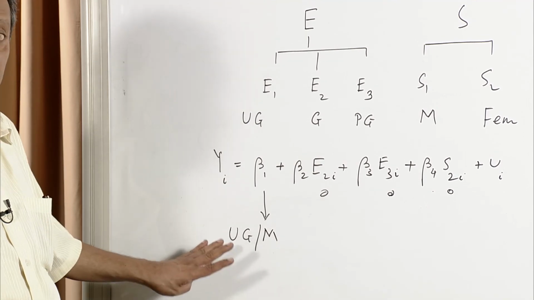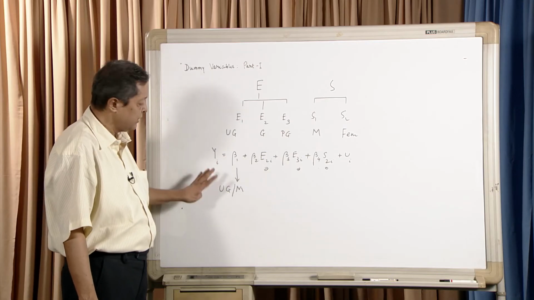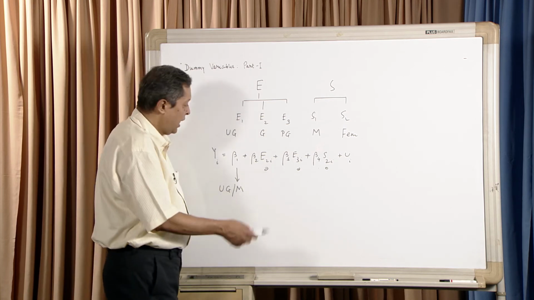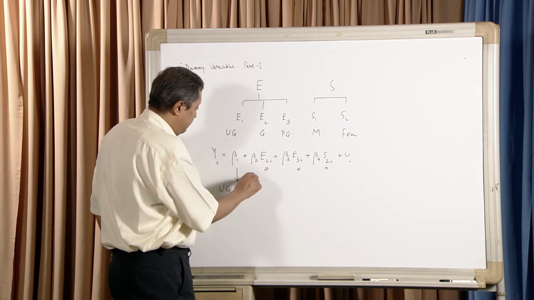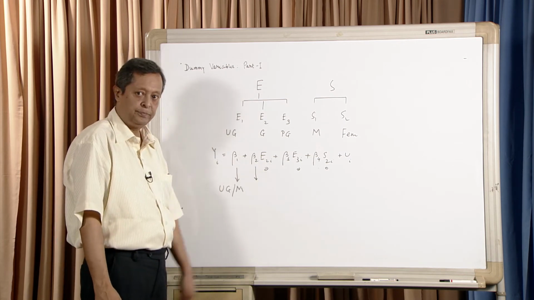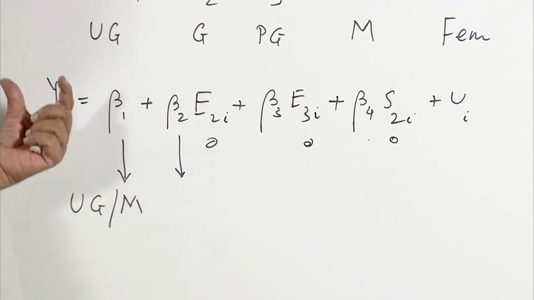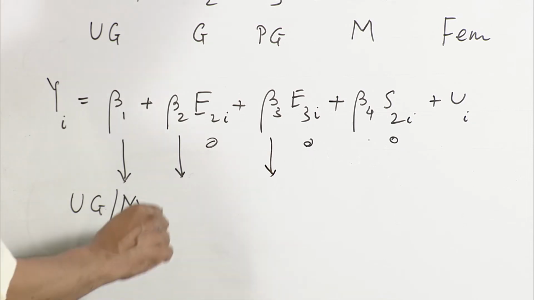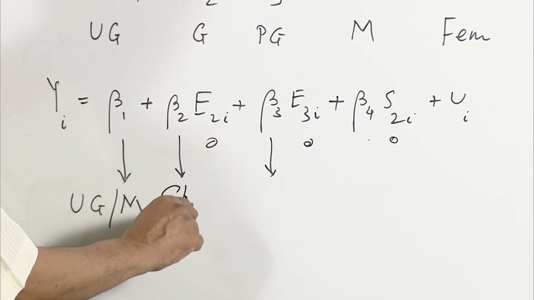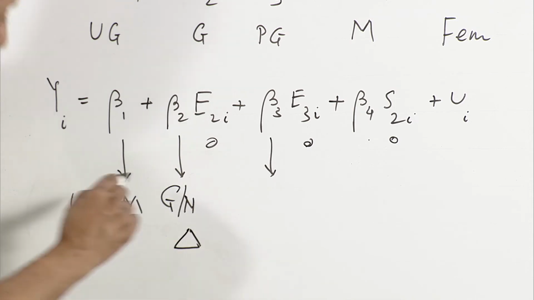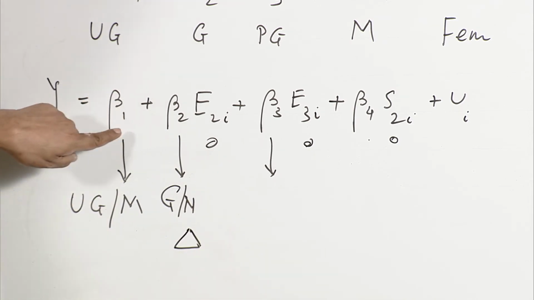Keeping the person's gender intact, that is male, if the person considered now is a graduate, then beta 2 is the additional impact of graduation. Third level, if we go to post graduation, then beta 3 is the impact of post graduation. So, this is a graduate male. For a graduate male, this is the differential impact. So, you add beta 2, you have beta 1 plus beta 2.